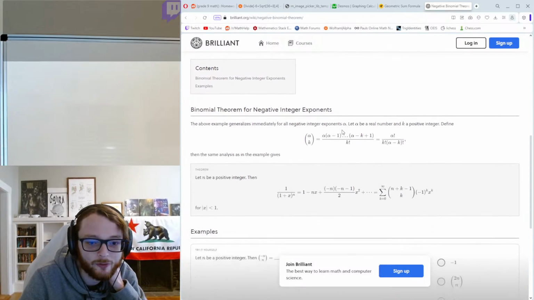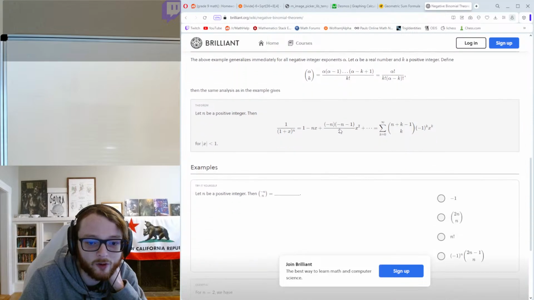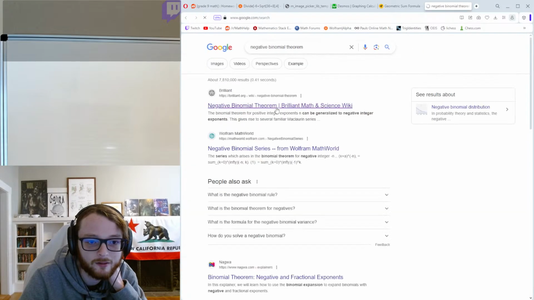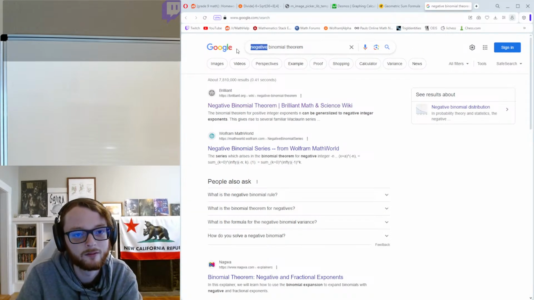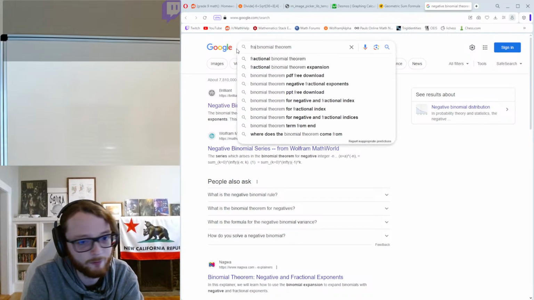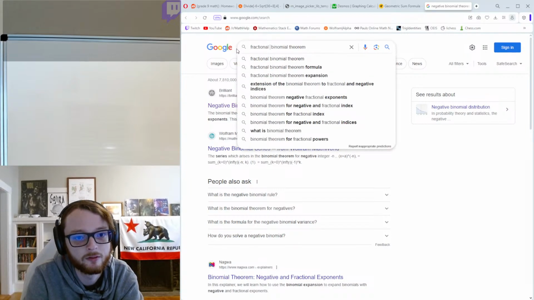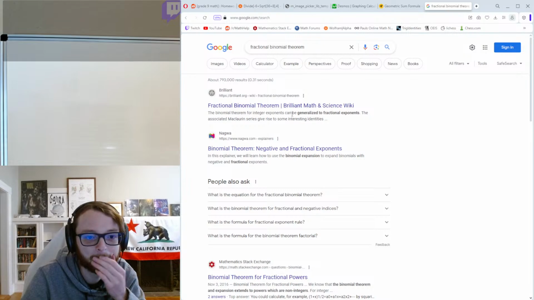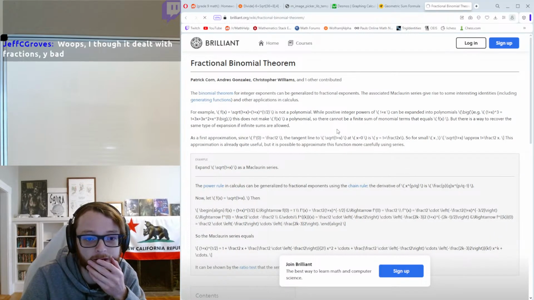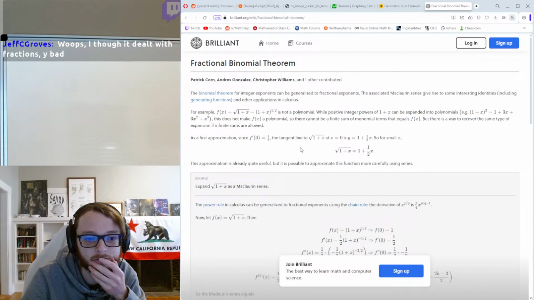Okay, so it's not just using the normal binomial theorem. We don't have a negative exponent though, we have a fraction. Looks like there is one for fractions though. Go away, pop-up.